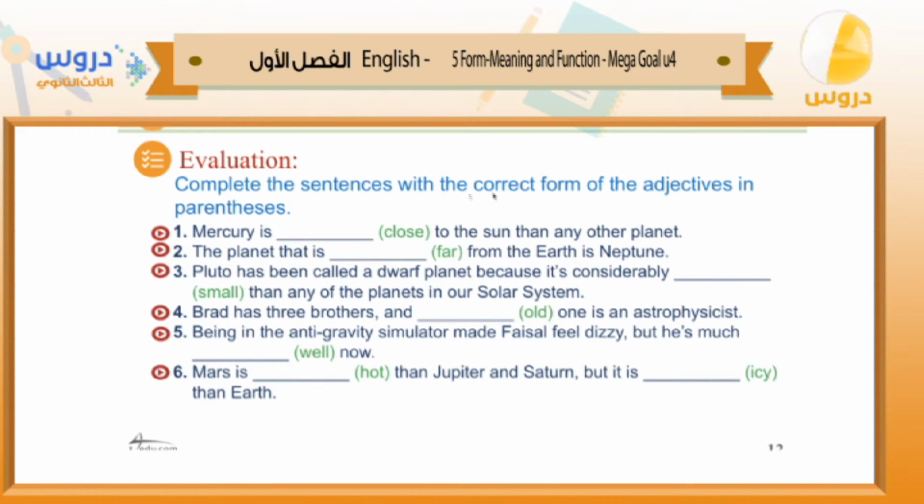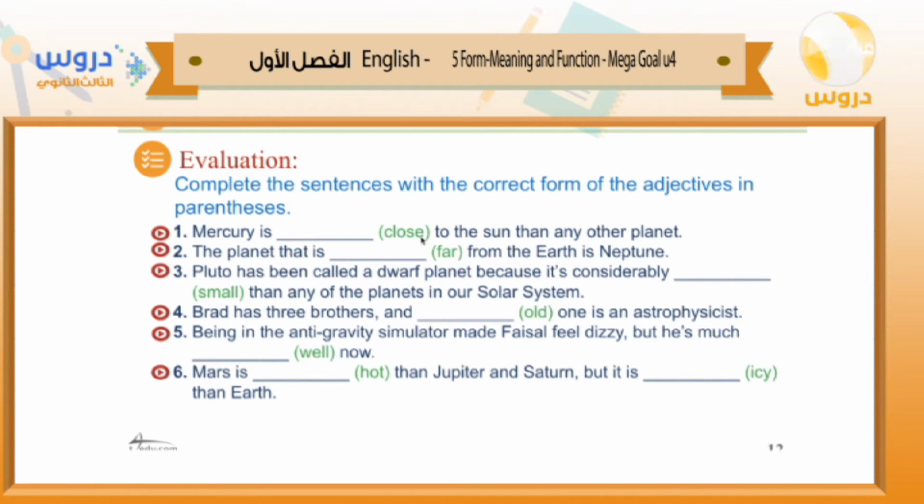Complete the sentences with the correct form of the adjectives in parentheses. Number 1, Mercury is, the adjective here is close, to the sun than any other planet. Now here, do you think that we have to use the comparative form, closer, or the superlative form, the closest? Is here a comparison between two things, or is it a superlative form, more than two?